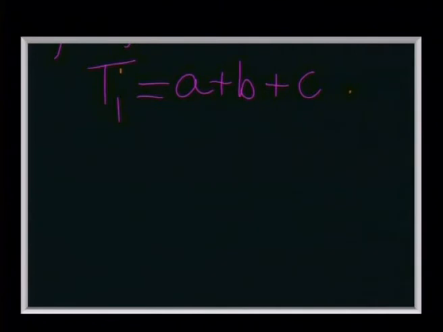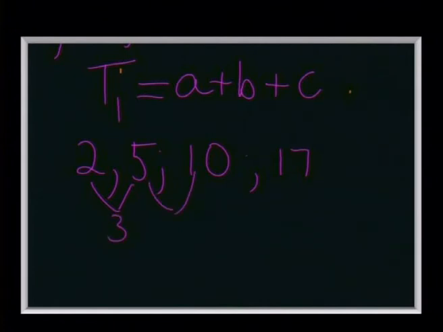So let's quickly remember again, I had 2 and then 5 and then 10 and then 17. That was my example. From 2 to 5 is 3, from 5 to 10 is 5, and from 10 to 17 it's 7.